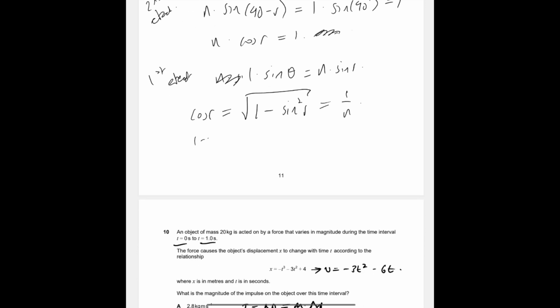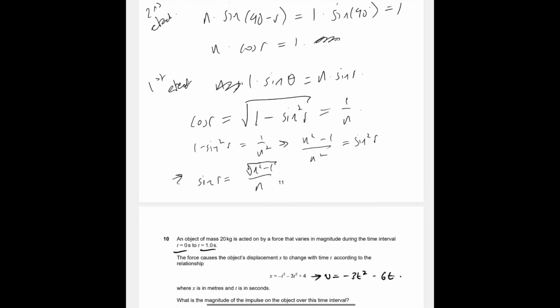So that means 1 minus sine squared r equals 1 over n squared. So n squared minus 1 over n squared equals sine squared r. So that means sine of r equals root n squared minus 1 over n. It's going to be the positive root because again, r is less than 90 degrees, so sine is positive.